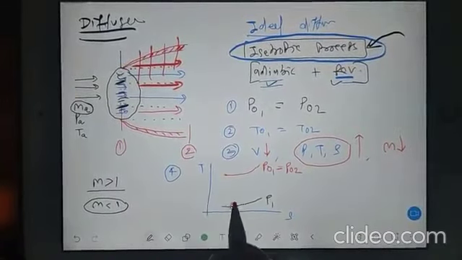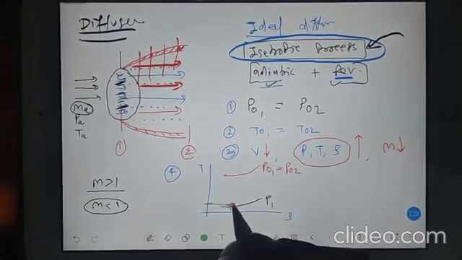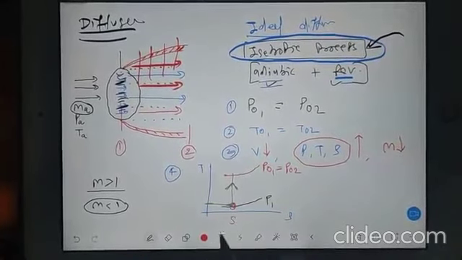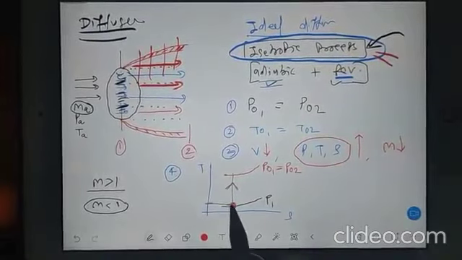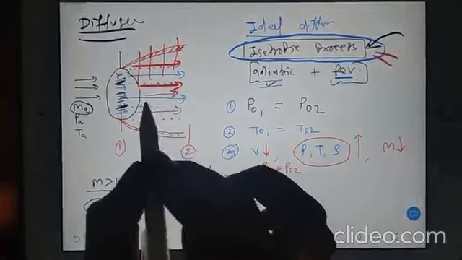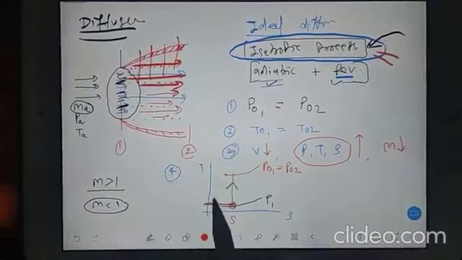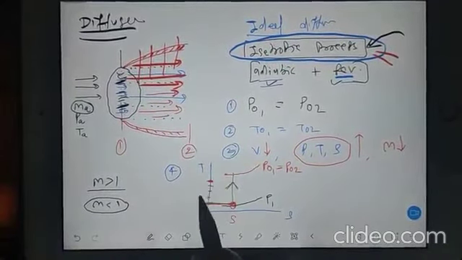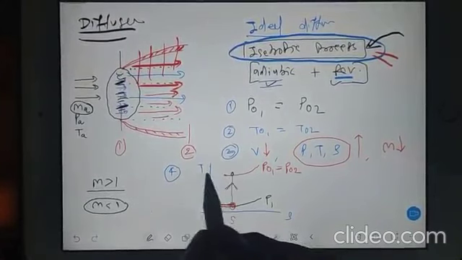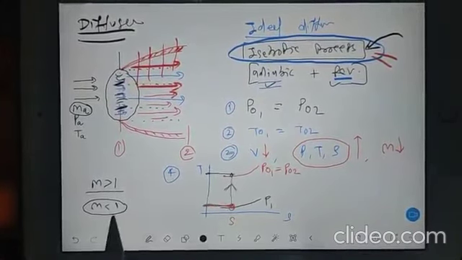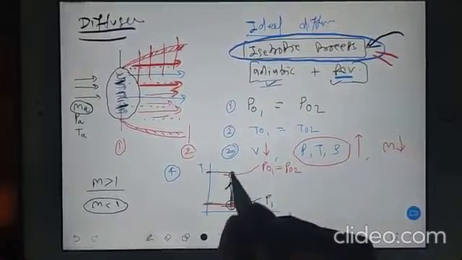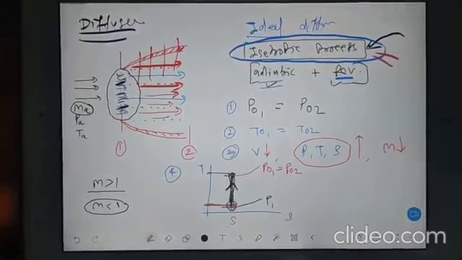With respect to this temperature, I will have a straight line process. Why a straight line going up? Because entropy is not changing in an isentropic process. The static temperature is increasing as you go here, but for every static temperature you have only one total temperature. That total temperature will be here. So from here I will draw a line like this, connecting this point and this point. This straight line will be your diagram.